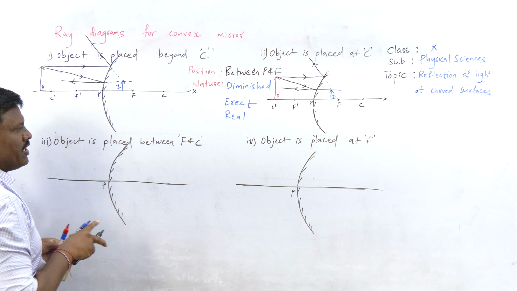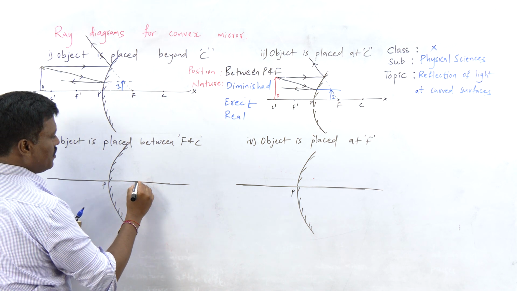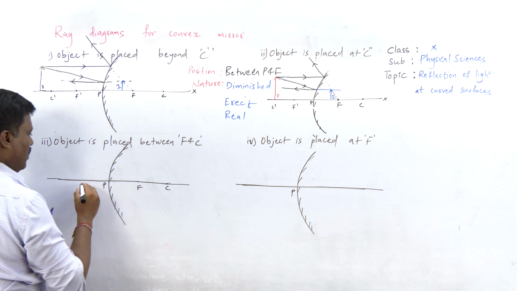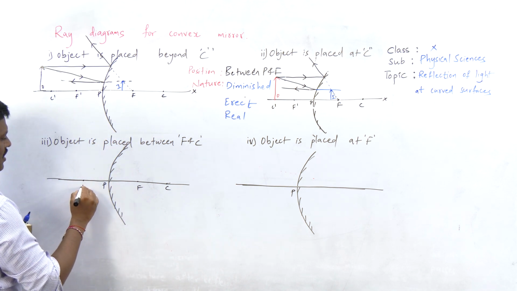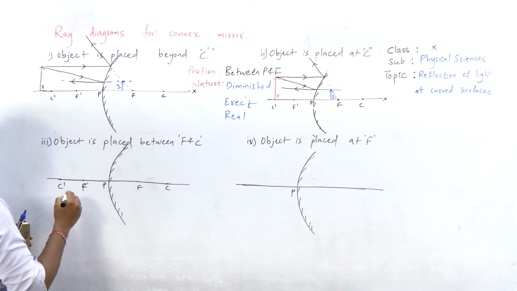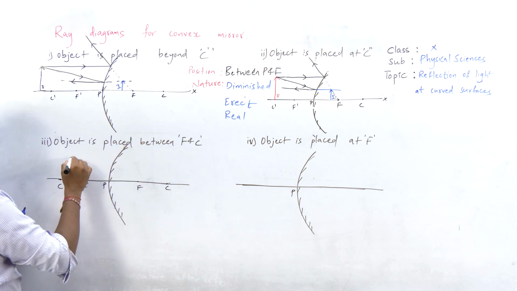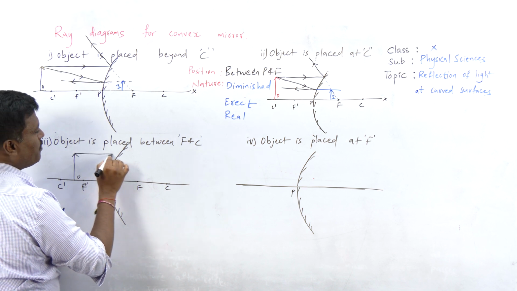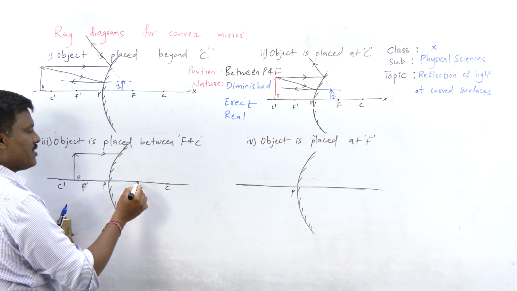Now we are going to understand the remaining positions quickly. This is the virtual focus and this is the virtual center of the curvature. Now the object is placed between focus and center of the curvature. Tell me rule number 1. A ray passes parallel to the principal axis.